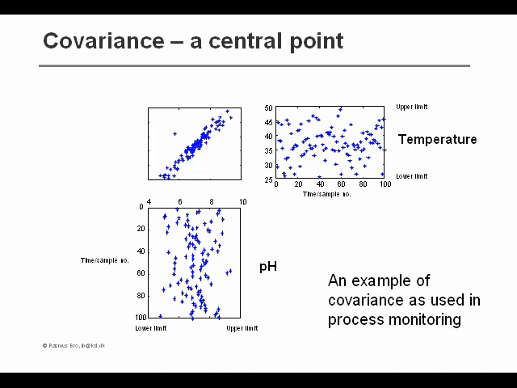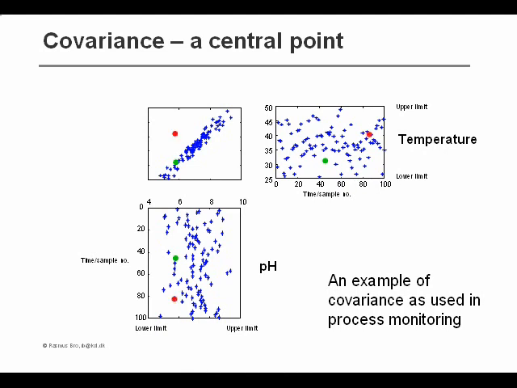But if we plot the two against each other, we can see that maybe that's not the case. Some points, well, they are within range for both temperature and pH, and they also have the same relation between temperature and pH as the other ones.